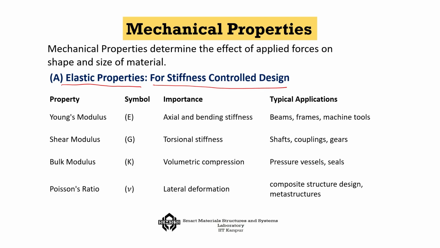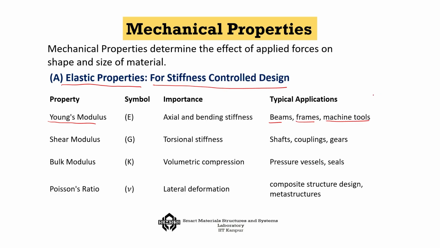That is important for axial stiffness as well as for bending stiffness. So, for design of things like a beam, like a frame, like machine tools, wherever the deformation is predominantly axial in nature, there the Young's modulus plays a very important role.